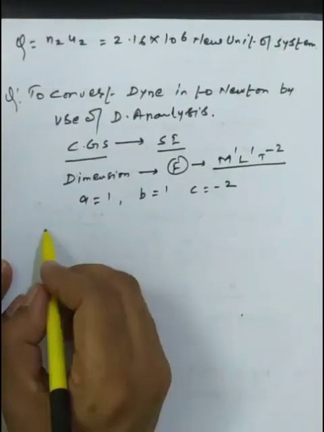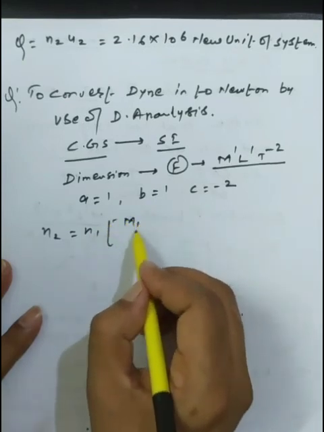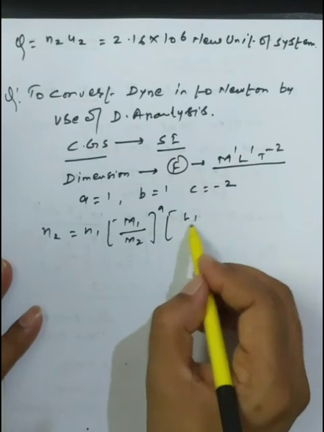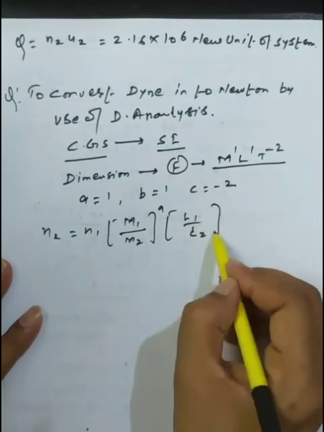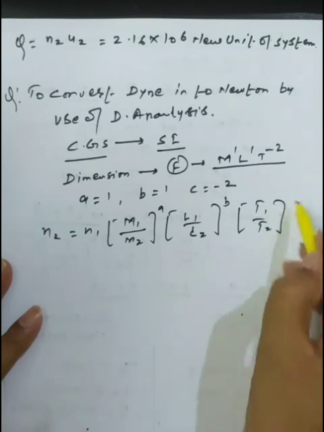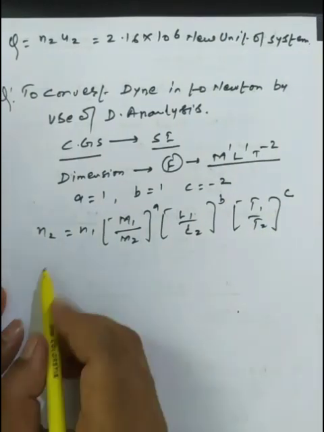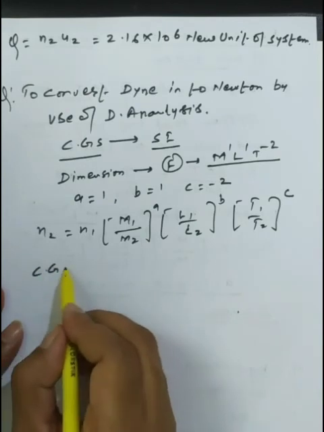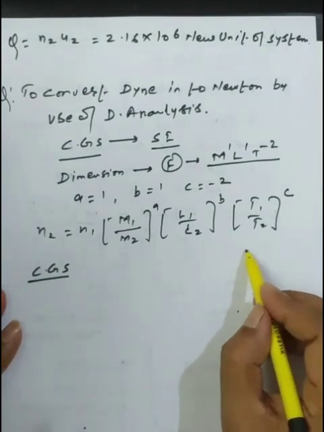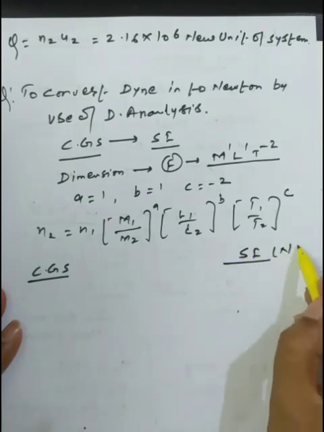We write the formula N2 is equal to N1 into M1 upon M2 to the power a, L1 upon L2 to the power b, and T1 upon T2 to the power c. The first system is the CGS system, and the second system, in which we want to make the conversion, is the SI system, the new system.